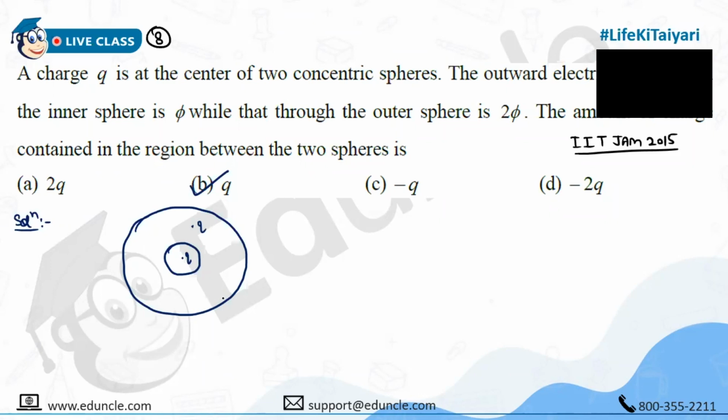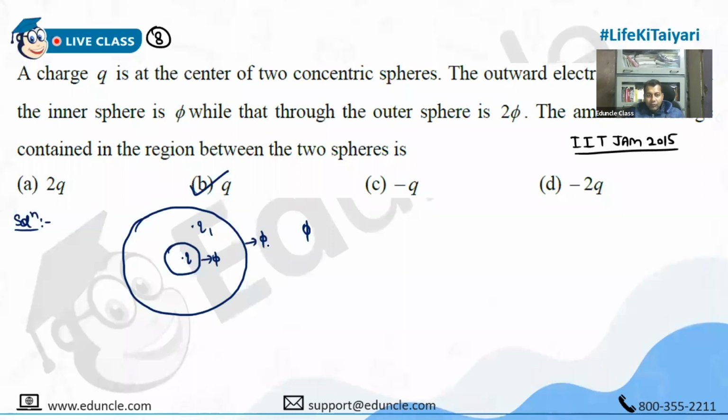Otherwise also, you can assume it to be Q1. Through this one it is phi, through this one it is, suppose, 2 phi. So let's call this phi dash, which is 2 phi. So phi dash is Q plus Q1 by epsilon naught, which is 2 phi, and 2 phi means 2Q by epsilon naught.